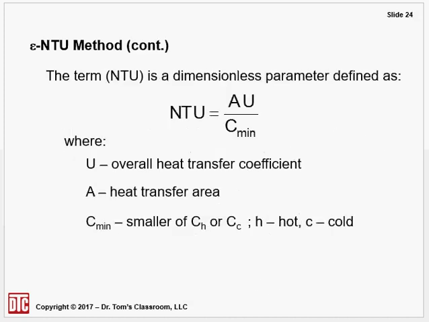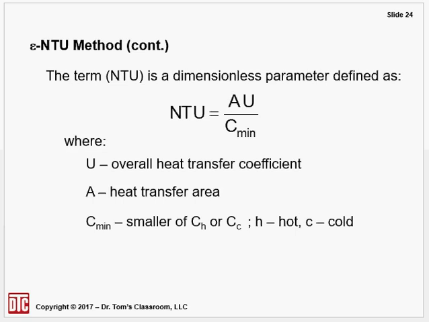The term NTU has the equation AU over C minimum. U is the overall heat transfer coefficient, and A is the transfer area, so that's the heat transfer part. C sub minimum is the smaller of either what is referred to as C sub H or C sub C, H standing for hot, C for cold. I could have added those subscripts, but the equation would have gotten a little long for the PowerPoint.